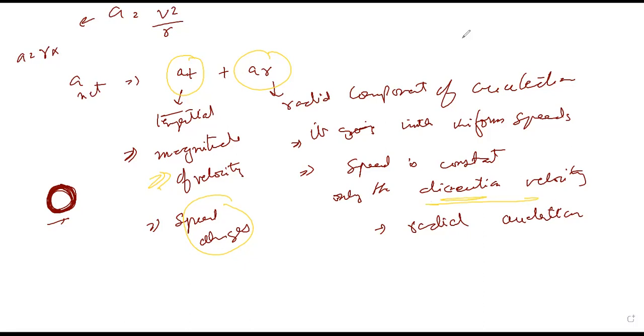Let's start. So, we are considering again the circle in which the particle is moving on a circular path with a velocity v in a small time interval dt, subtending an angle d theta of radius r. In this very small distance it traverses ds.